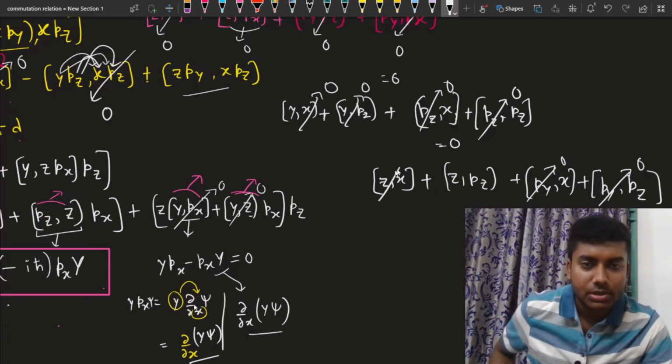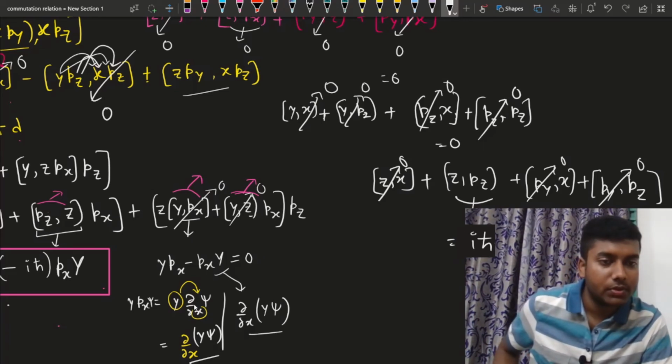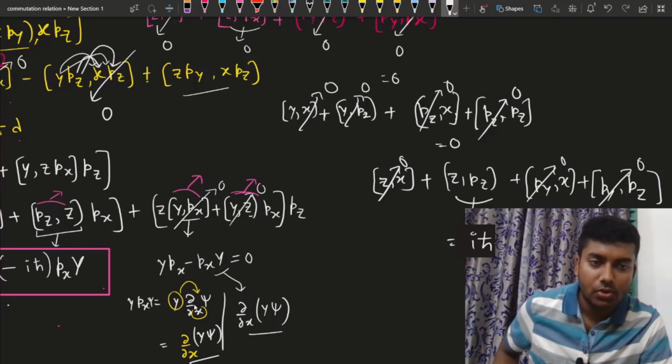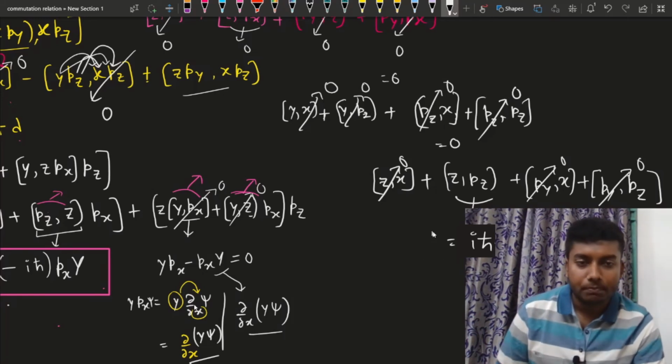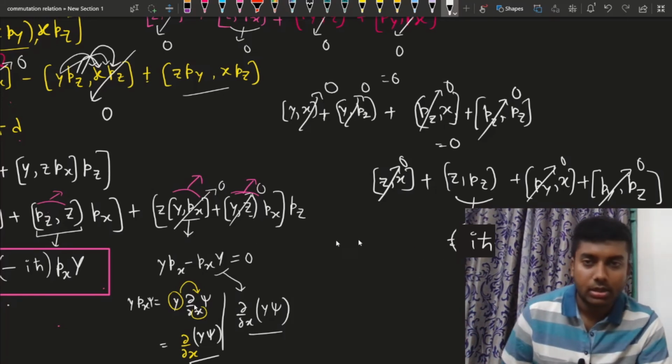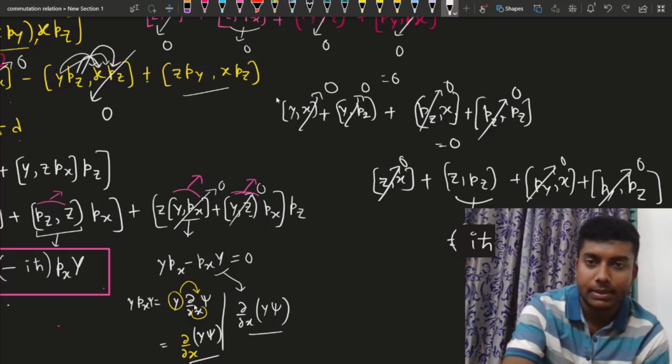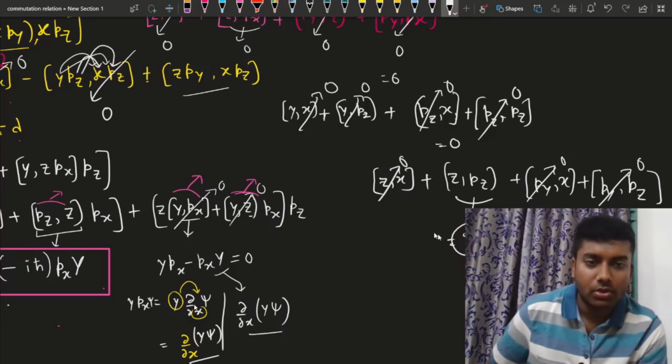This will be 0, this will be 0, this will be 0, and the last term will not be equal to 0. This will be iħ. Why? Because we know that pz comma z is equal to minus iħ, so the reverse thing will be this. So this term is equal to iħ.